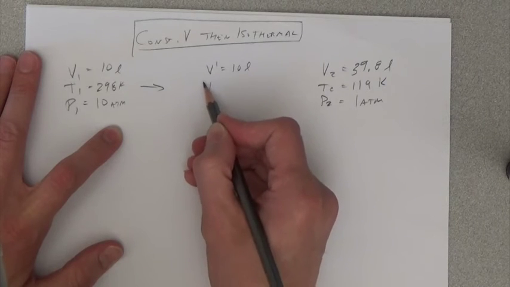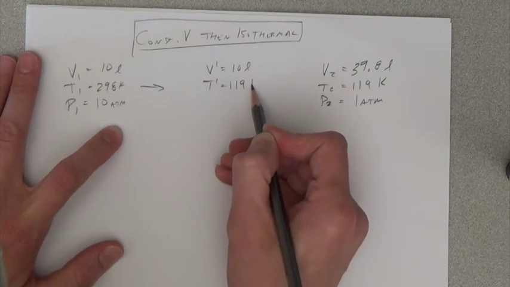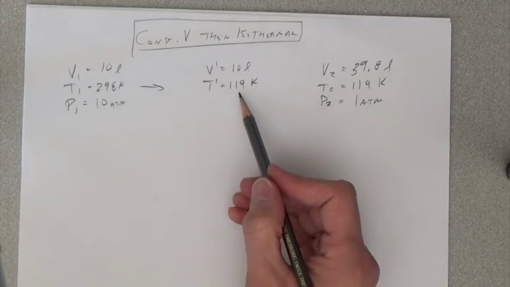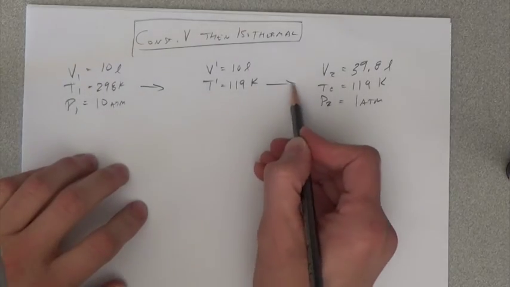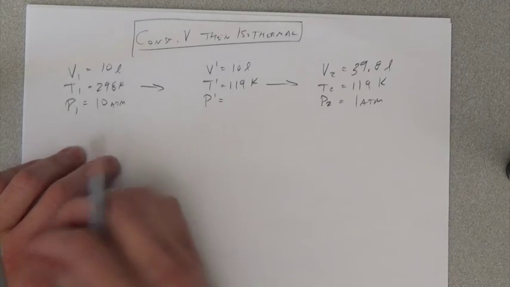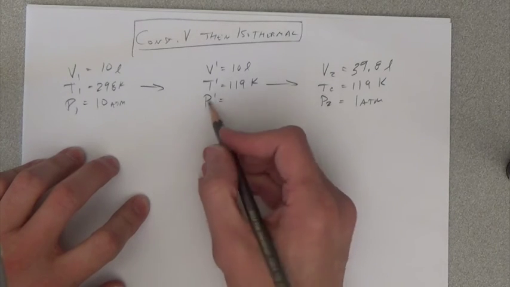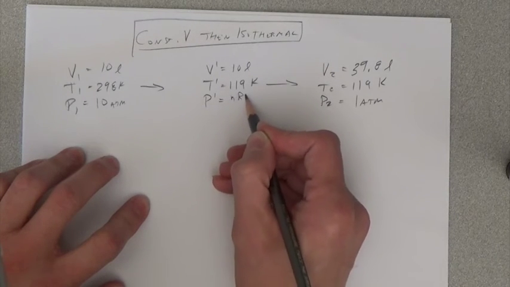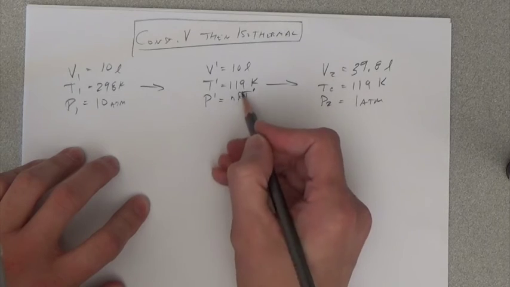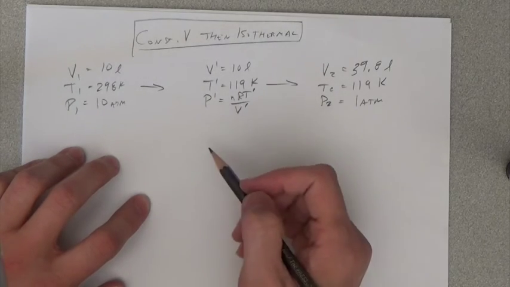Isothermal means that the temperature is 119, which leaves P prime as coming from nRT prime over V prime. So we can substitute in to get pressure if needed.